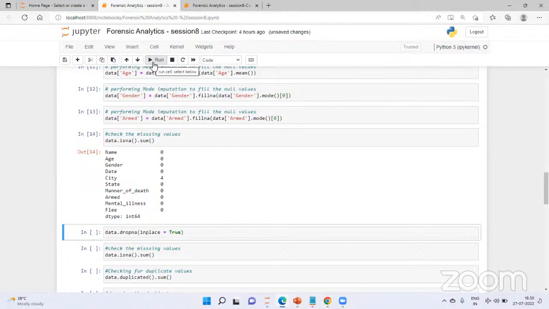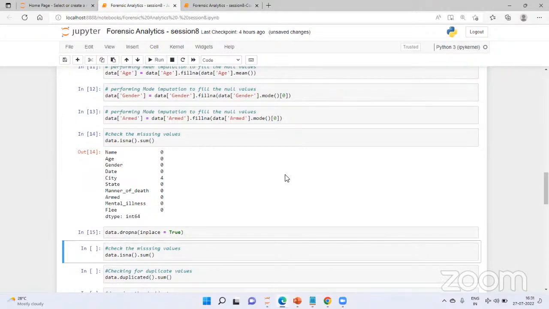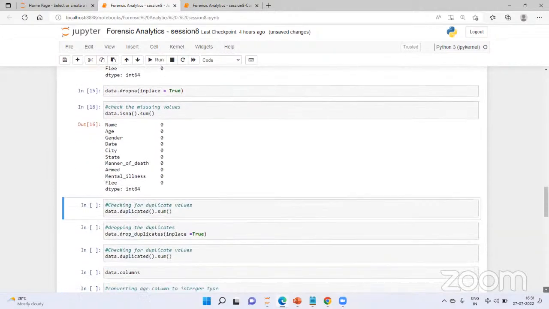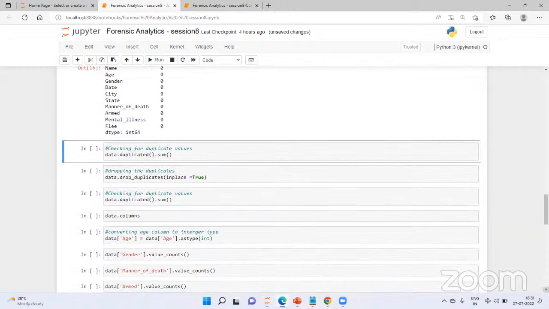If I use dropna, what will happen? The rows with NA values in any column will be deleted. Just I can execute this. Now I am checking again whether there are any missing values or not. So no NA values are present.